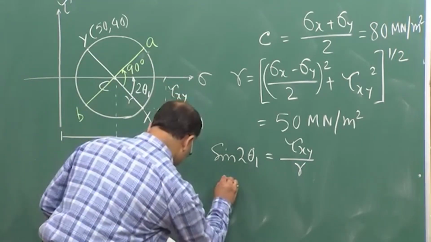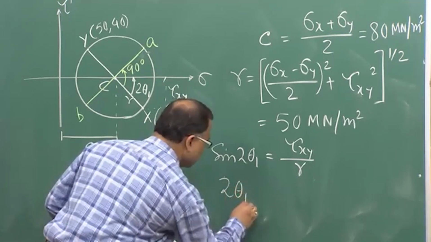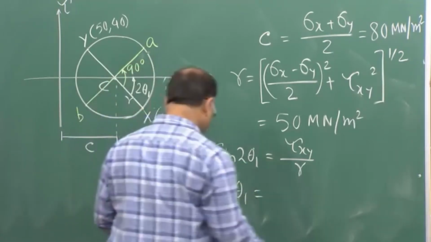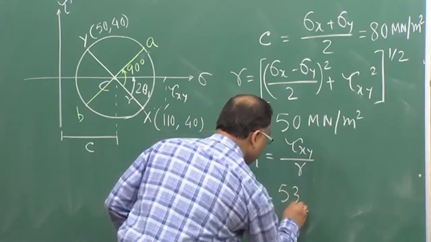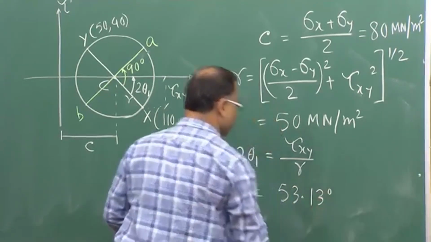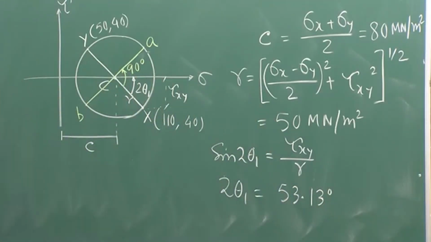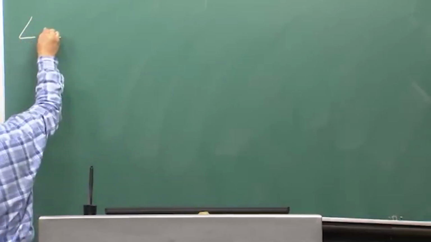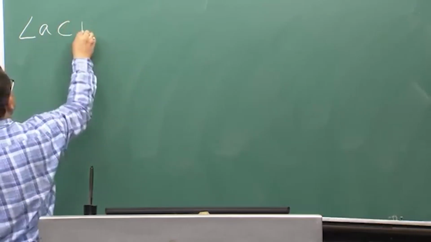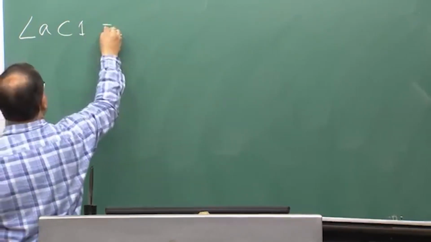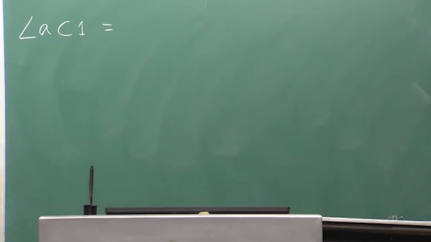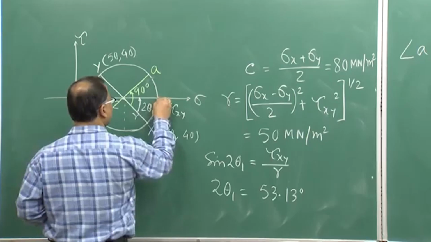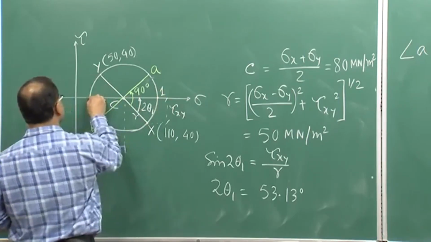From this I can get twice theta 1, by putting the numerical values, equal to 53.13 degree. Okay. Now, angle AC1, what is 1? This point is 1, and this point is say 2.